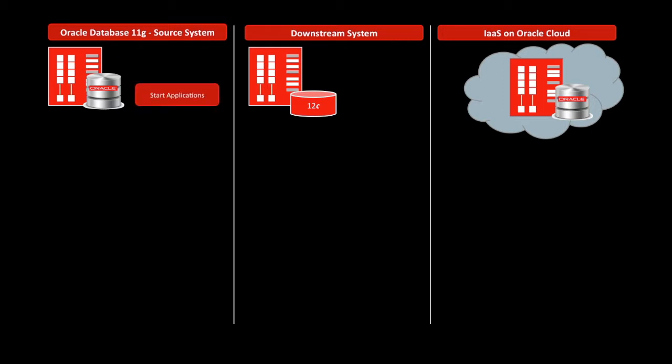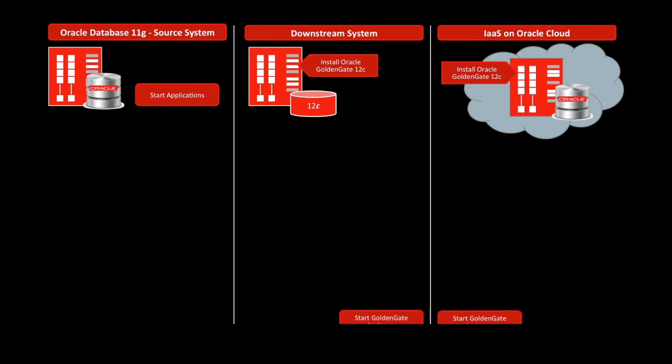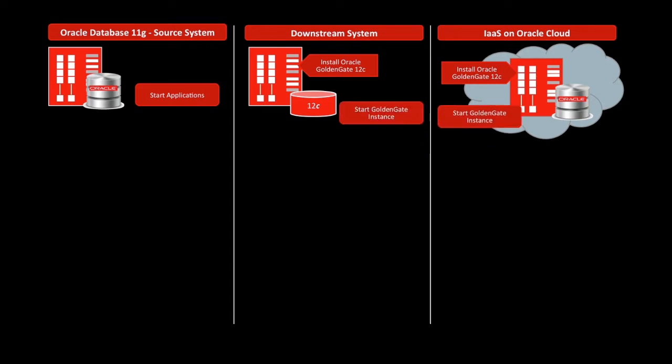Before we begin, we will start the workload simulator on the production system, and install Oracle GoldenGate on the downstream and the target systems. Once the install is completed, we will ensure Oracle GoldenGate 12c instances are running on the downstream and the target system.